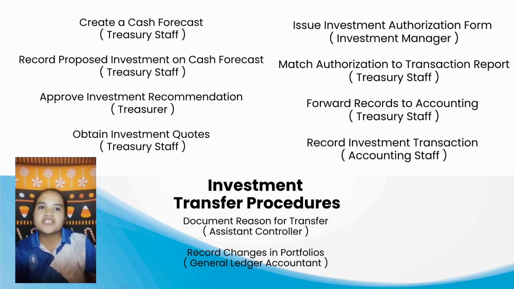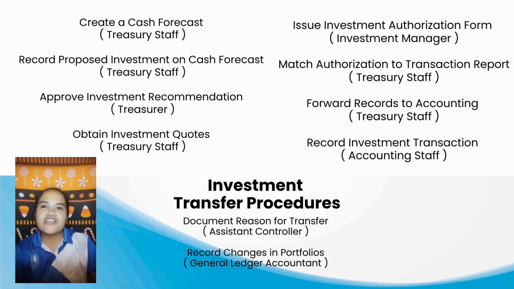Record the investment transaction. The accounting staff record the investment transaction in the organization's financial records, documenting the inflow or outflow of funds and ensuring proper accounting treatment. Next, documentation for transfer. The assistant controller documents the rationale or purpose behind the investment transfer, providing a clear and comprehensive explanation for the transaction. Next, record changes in portfolios.